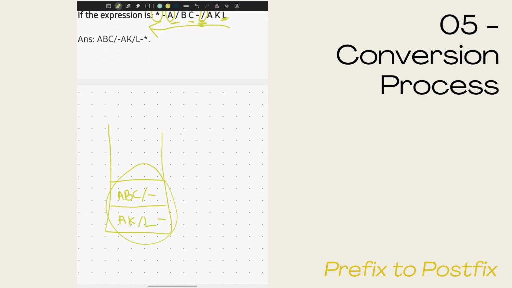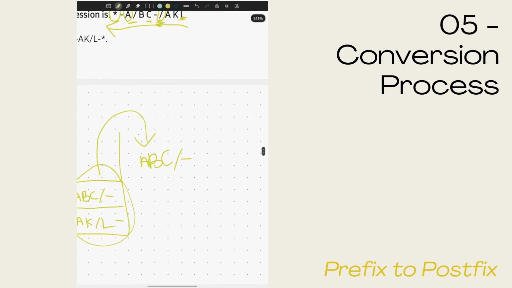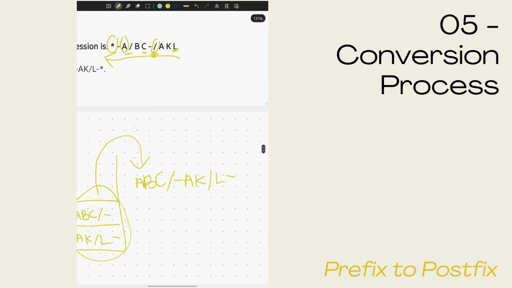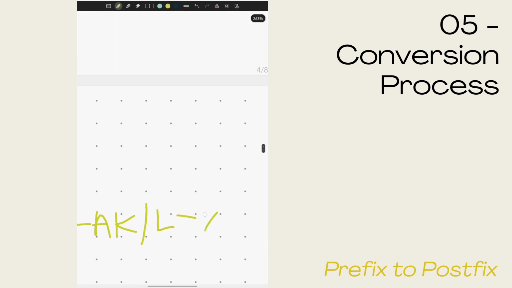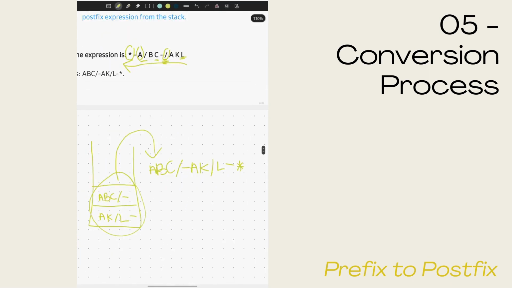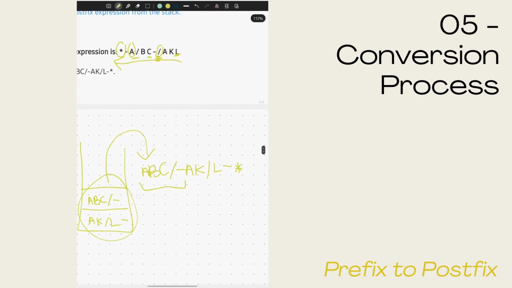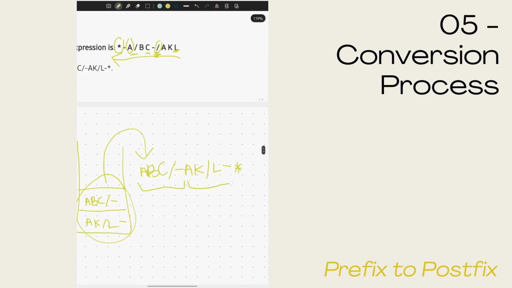So we pop these two out from the stack, A, B, C, divide by minus, A, K, divide by L, minus, and we just add the multiply after these two symbols we just pop out of the stack.